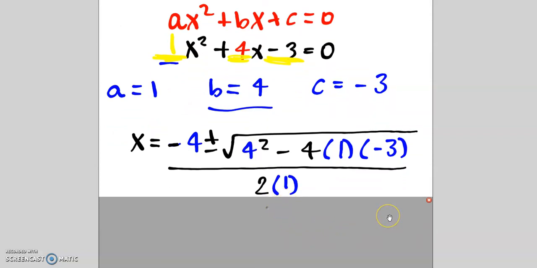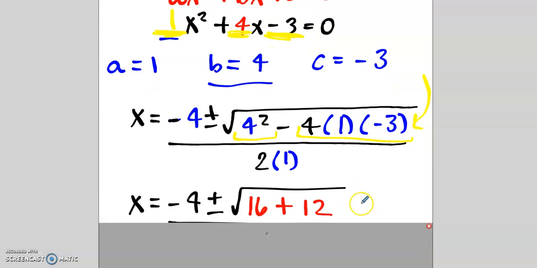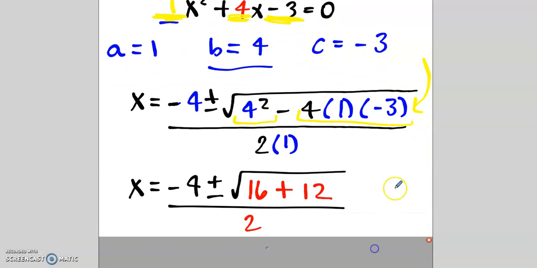When we simplify, we want to focus first on what's under the square root. 4 squared we know gives me 16. Then I multiply: 4 times 1 gives me 4, and 4 times -3 gives me -12.